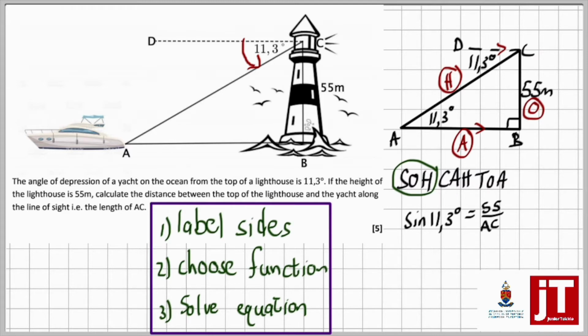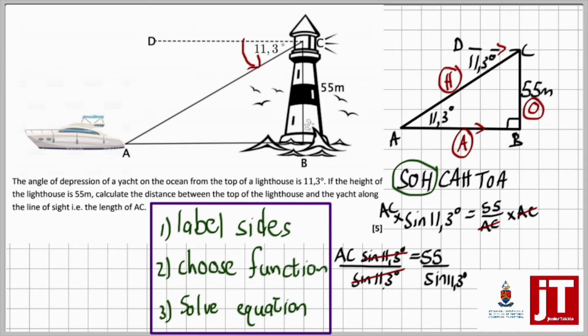I've chosen my function. Now I need to solve it. I'm going to solve it first of all by multiplying both sides by AC, which leaves me with AC sine of 11,3 equal to 55. AC is not on its own yet.